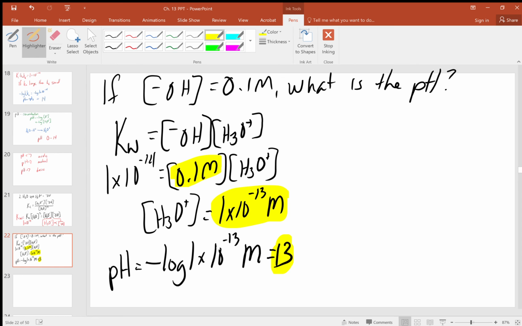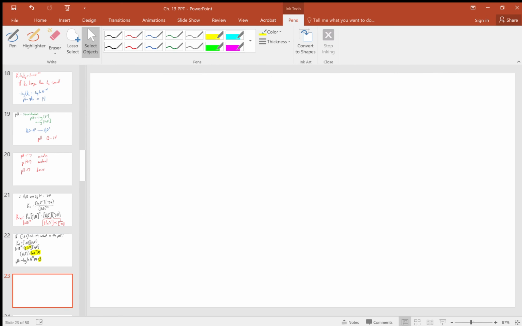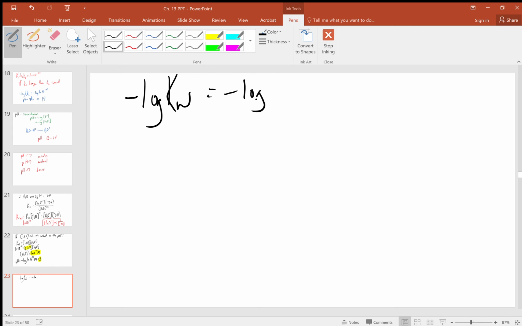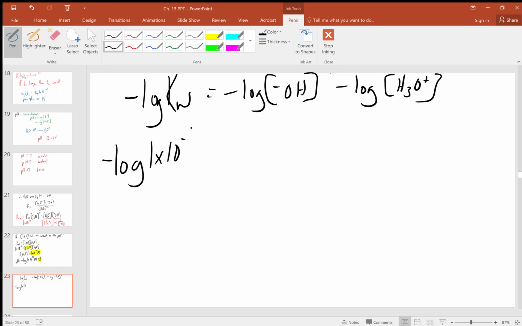Now I said that we could have done this another way. And that's by starting by taking the negative log of both sides first. So the negative log of Kw, 1 times 10 to the minus 14, is just 14. The negative log of H3O plus, well, that's our definition of pH.